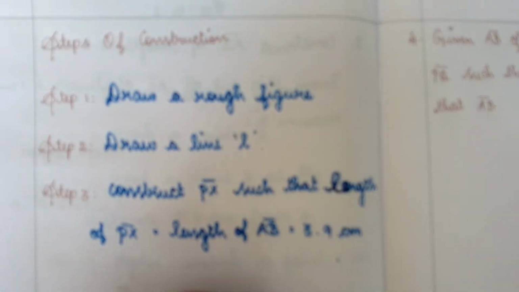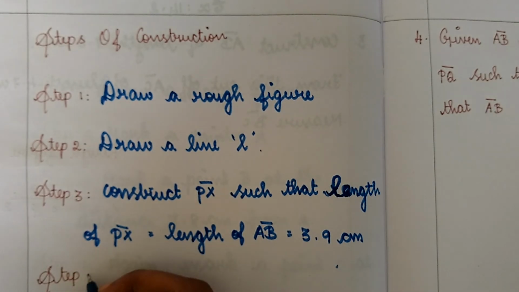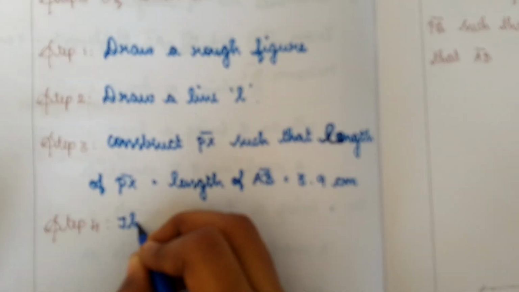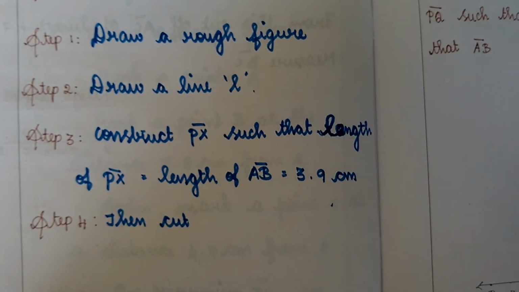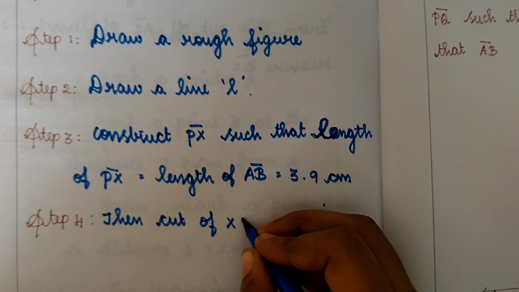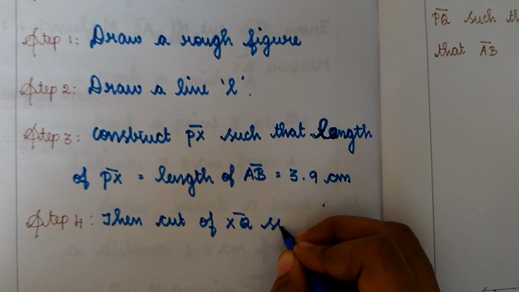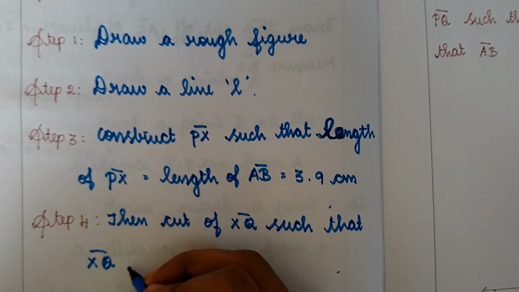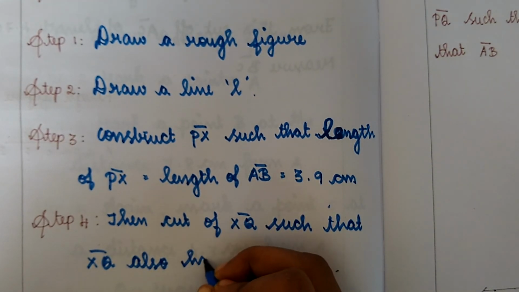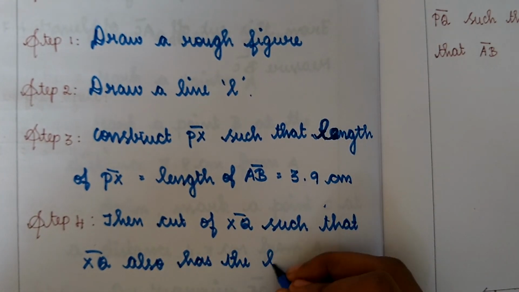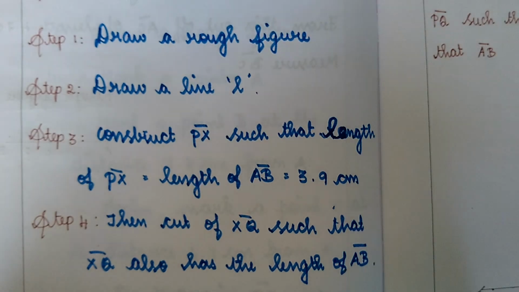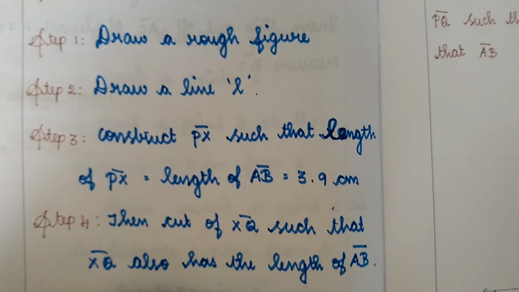Then write step 4. Step 4 is then cut off line segment XQ such that line segment XQ also has the length of line segment AB. Then step 5.